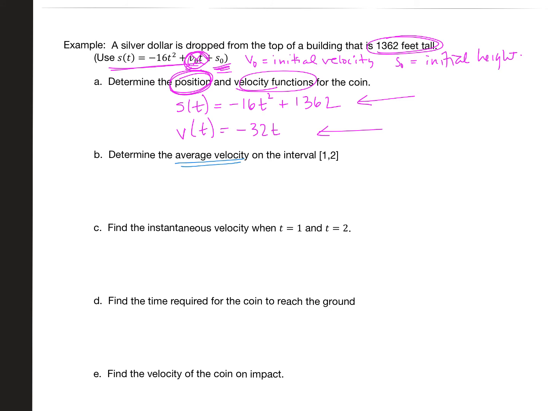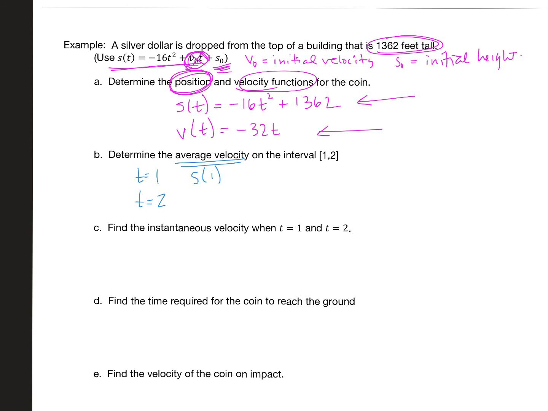This is a lot like the first example we did at the very beginning of this particular lesson, which means I need to plug in t equals 1 along with t equals 2 into the S function, because this is going to tell me the heights, right?